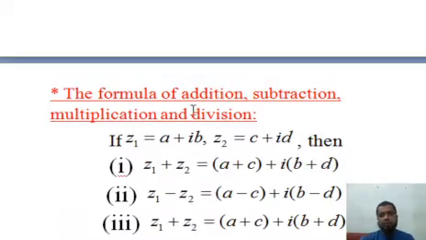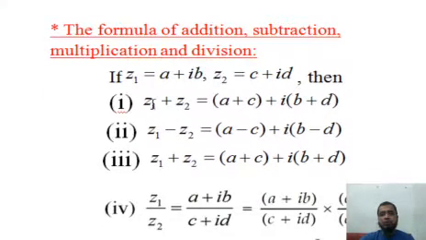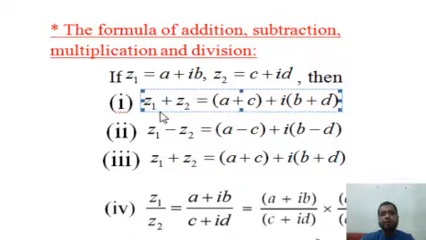Now, some formulas for addition, subtraction, multiplication and division. Suppose z1 equals a plus ib and z2 equals c plus id are two complex numbers. The first one is the addition formula, z1 plus z2 equals a plus c plus i into b plus d.